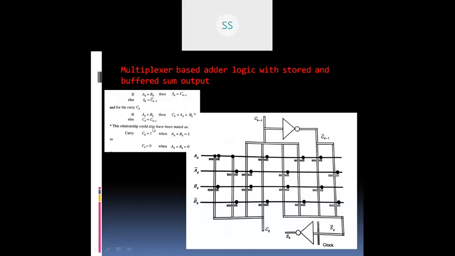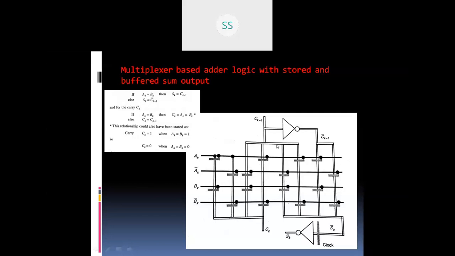To verify that, I am choosing AK bar and BK line. It is 0 and 1, representing 0 bit and 1 bit. Now just proceed along these two lines, and these two are the transistors which implement that logic, that is 0 and 1 addition. The condition says, when AK is not equal to BK, SK is CK minus 1 bar, the complement. So these two transistors are working.